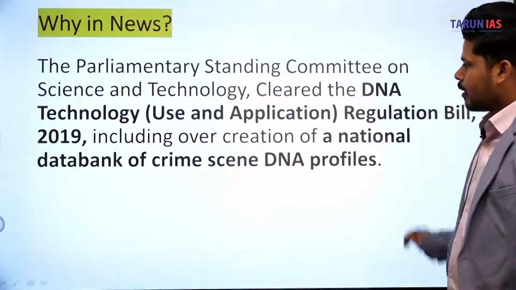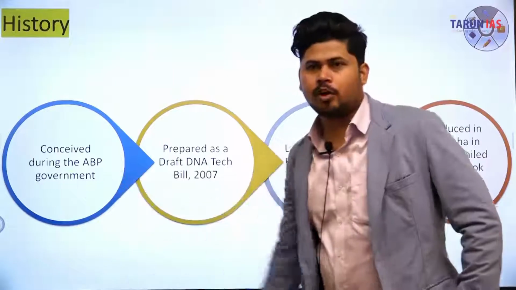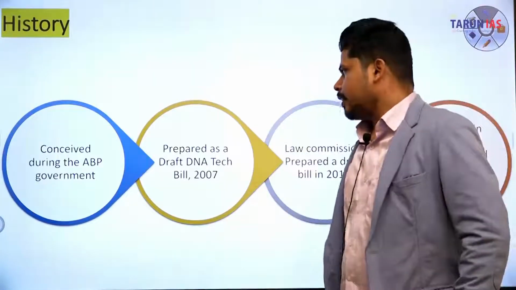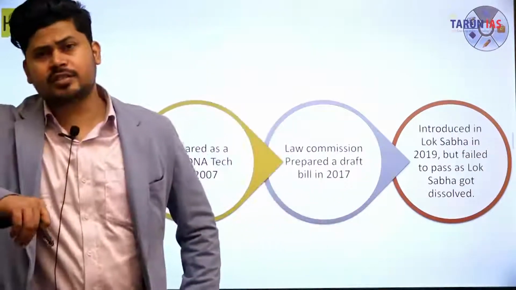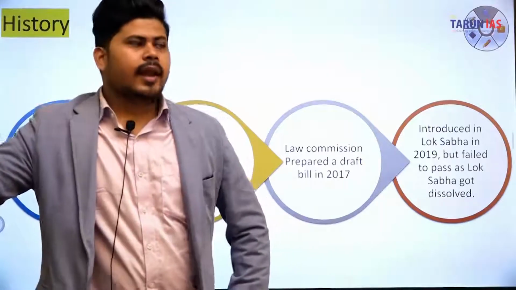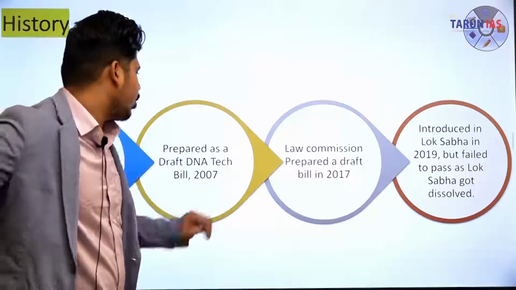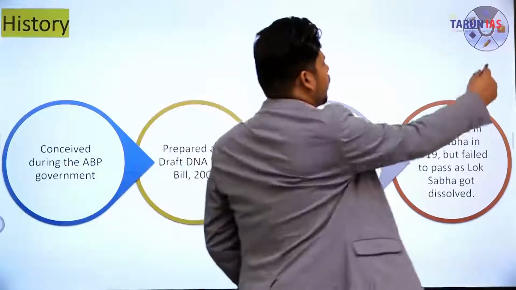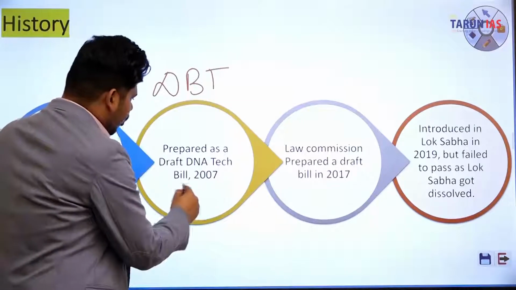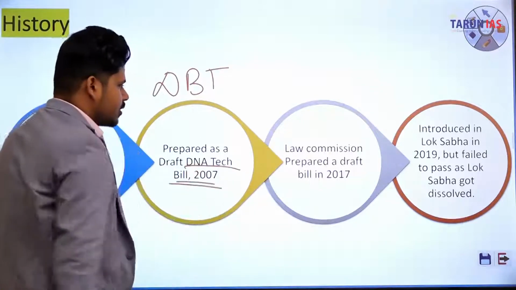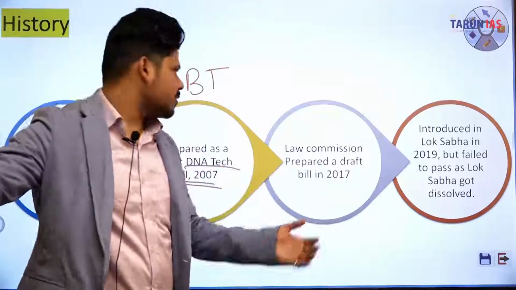Okay. And now, what is the history? First, it was conceived during the Atal Bihari Vajpayee government, around 2001, but it was never brought into law back then. Several deliberations in the Department of Biotechnology took place, and later in 2007, the Department of Biotechnology formulated a draft law, the DNA Technology Bill 2007, but due to opposition, it did not come into existence.